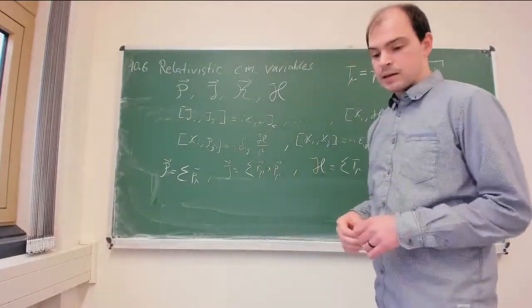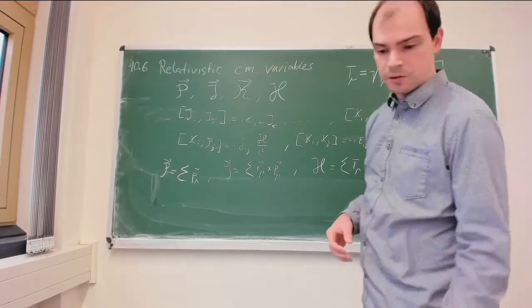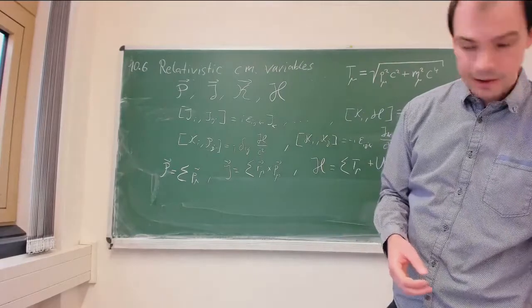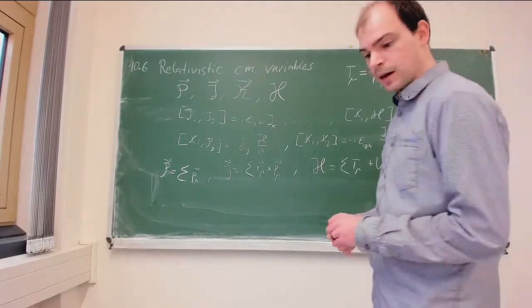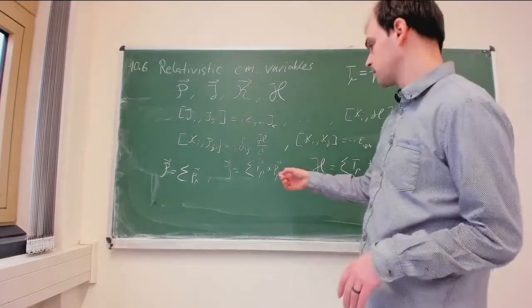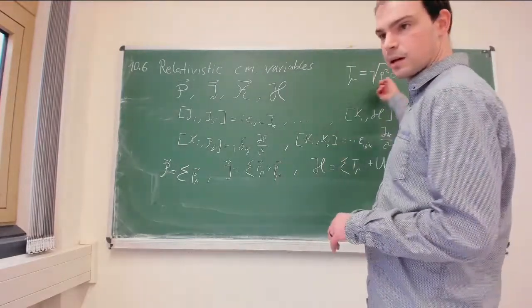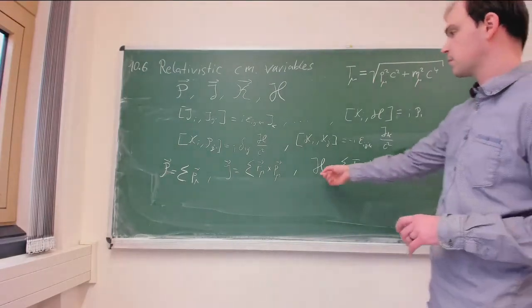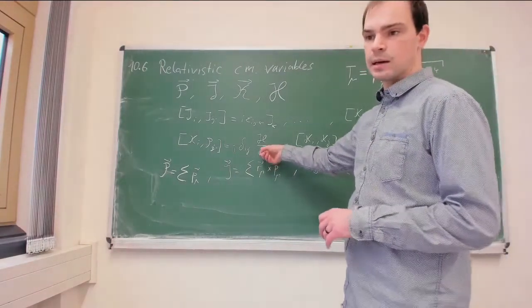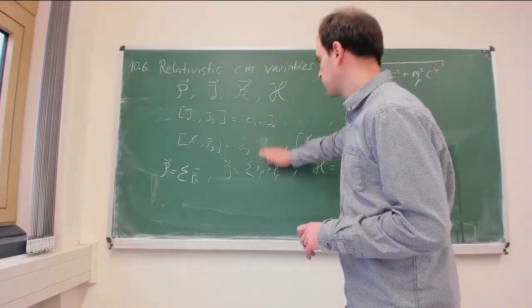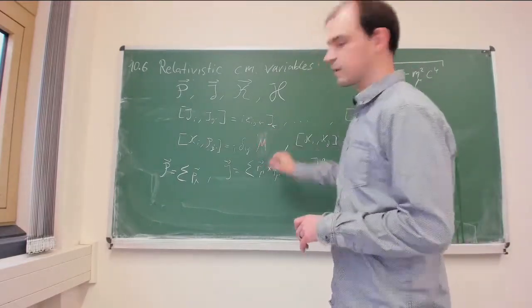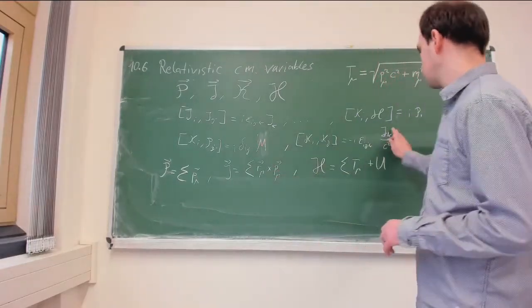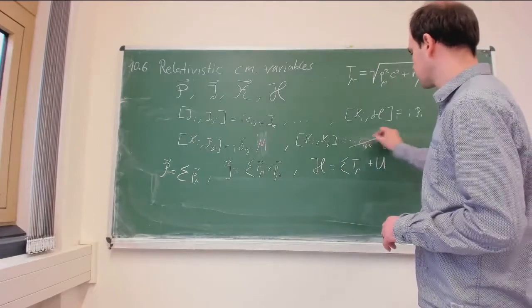Now, in the non-relativistic limit, we can simply take c to infinity, and then we see that this energy T_mu gives us an mc squared at the lowest order. So this mc squared via H enters here and cancels the c squared. So in the non-relativistic case, we get a mass here as the commutator, and the other commutator will just be 0.